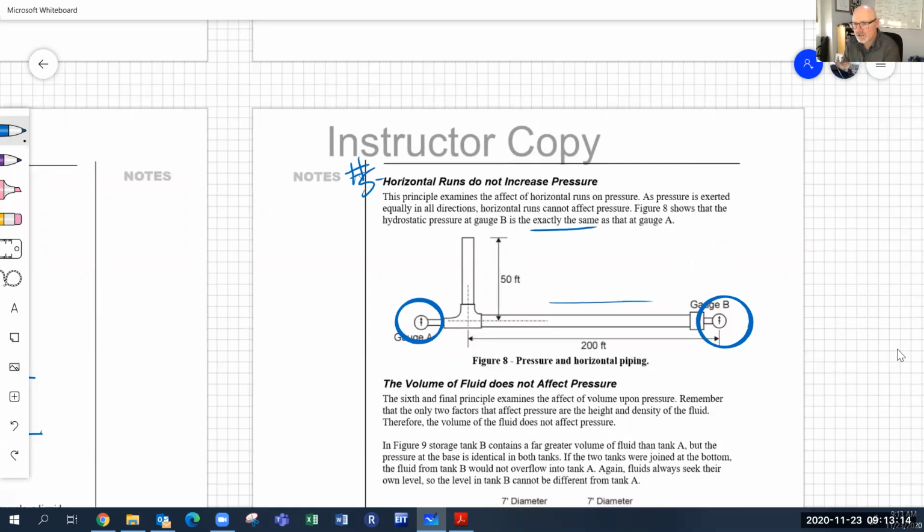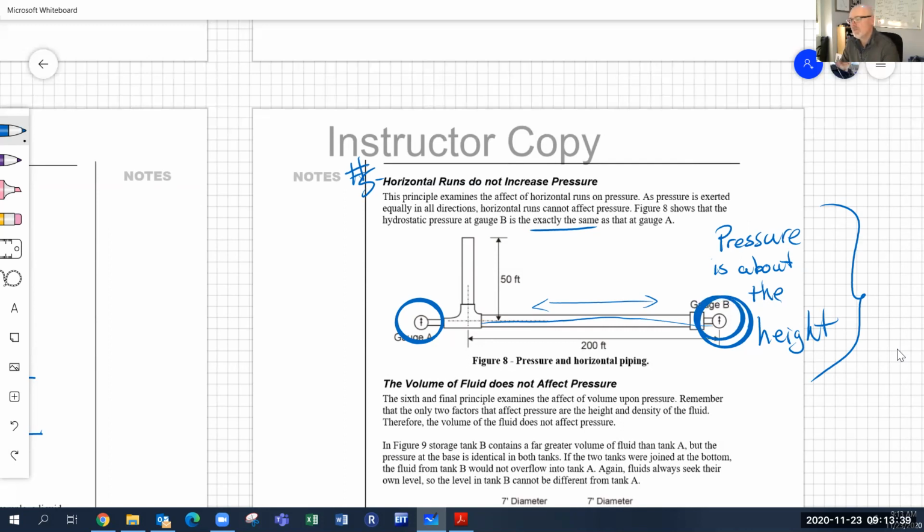Horizontal lines, horizontal is this way, do not affect pressure, because pressure is all about the height of the fluid. So this horizontal run does nothing according to pressure. It remains the same as it would at gauge A.